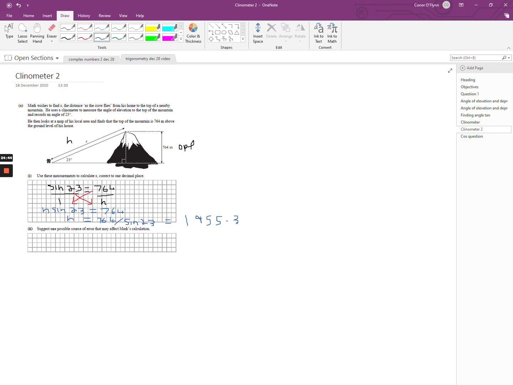Then suggest one possible source of error that may affect Mark's calculation. Okay, so this is kind of just an Englishy question. So basically, with clinometers, there is a margin of error, just a small one, but they can be a bit out. Some clinometers are not 100% accurate. You could just say that a clinometer has a margin of error.